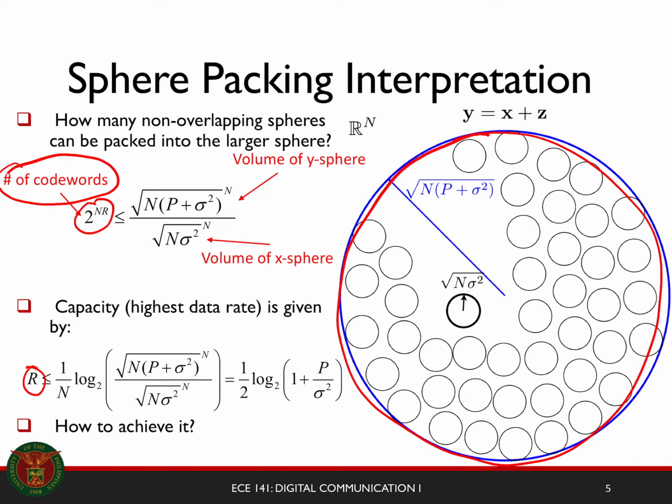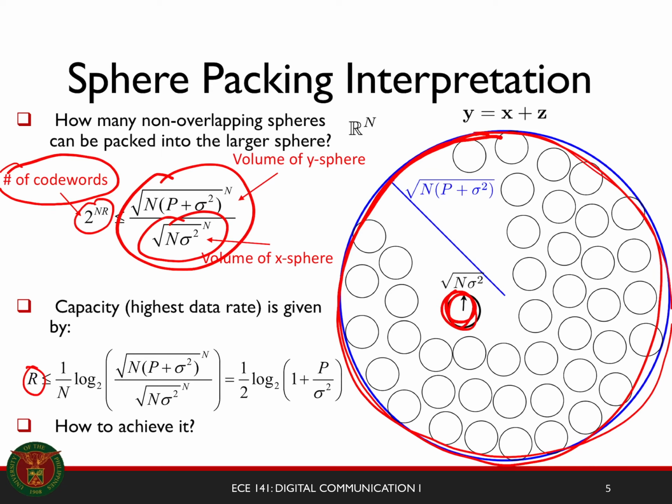This should be less than or equal to this ratio, which is the volume of this large sphere divided by the volume of the smaller sphere, which represents the vicinity around where your symbol is. Okay, so your highest data rate is given by this equation.